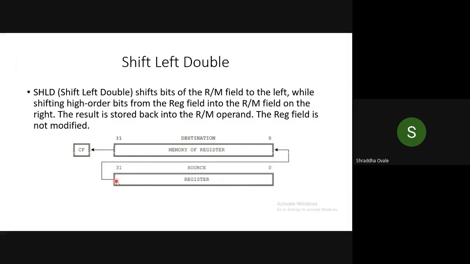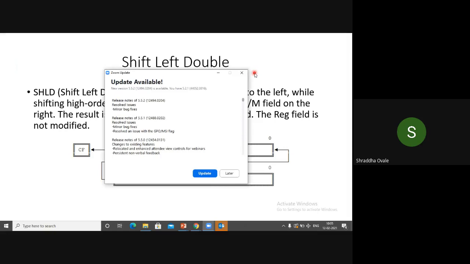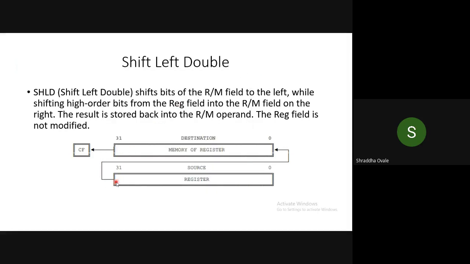Now whatever is the MSB over here, see, this is the LSB, least significant bit, this is the MSB. Now shifting of this bit is going to take place from the source, that is from the left side to the right side. Okay. And whatever will be your most significant bit over here, that will set your carry flag. Okay.